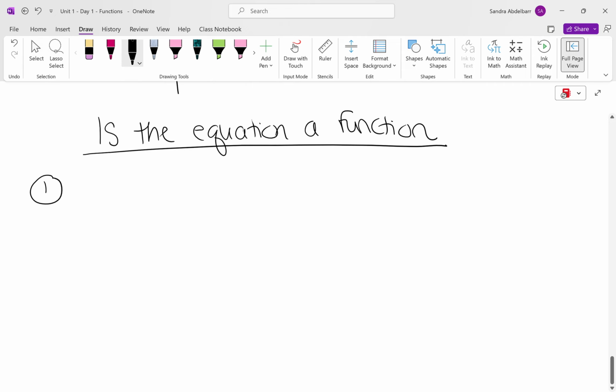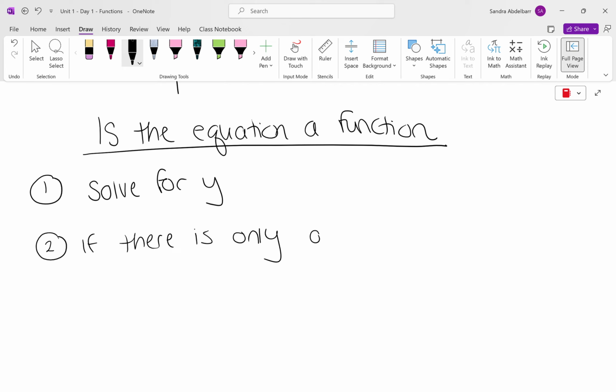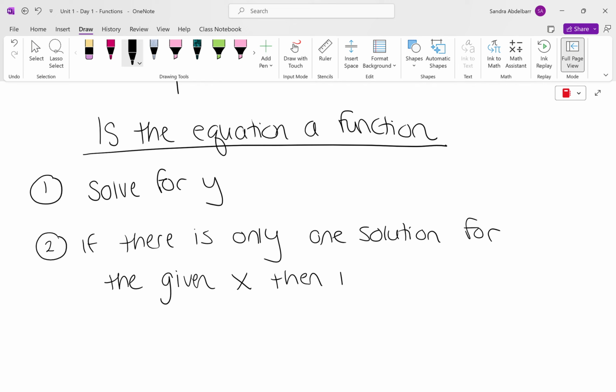So there's some steps we should take. First step, solve for y. If there is only one solution for the given x, then it is a function.